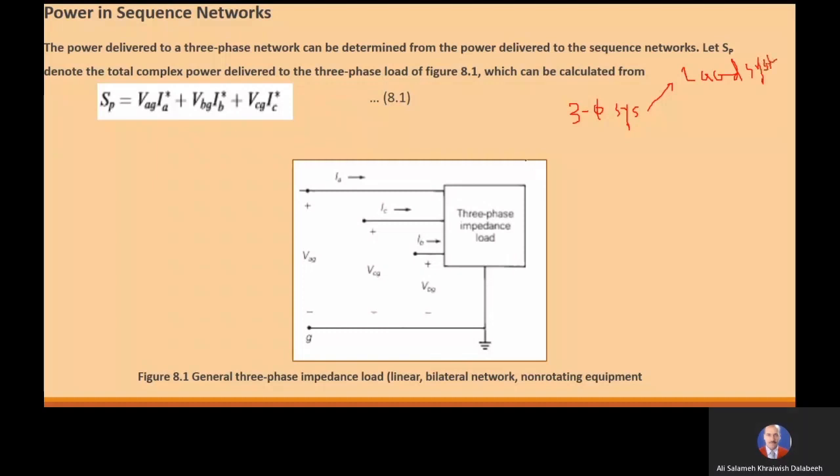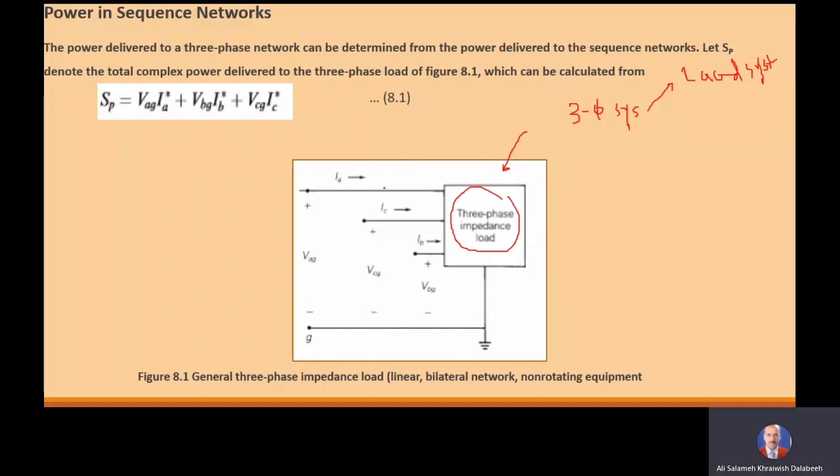Okay, like this. This is a load, an impedance load, a three-phase load consuming power from a source.